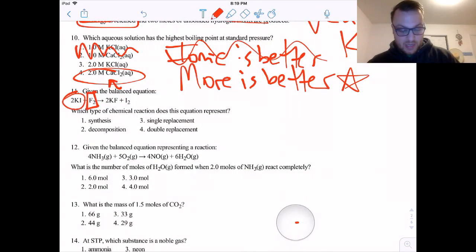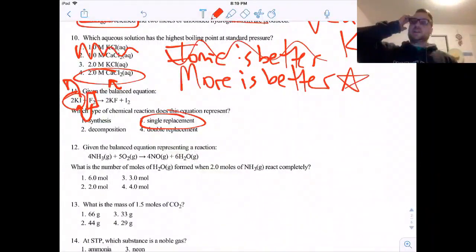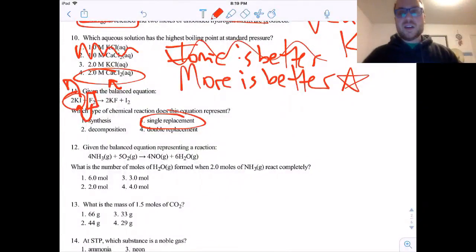And to determine if the reaction occurs, if you see a question like 11, but it was worded like, will this reaction occur? Which one of these elements will allow this reaction to occur? Something like that. That is a Table J question. So Table J is a big single replacement reference table.